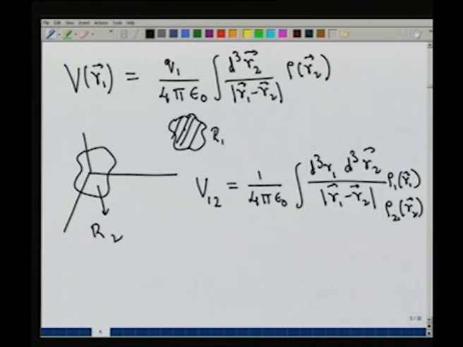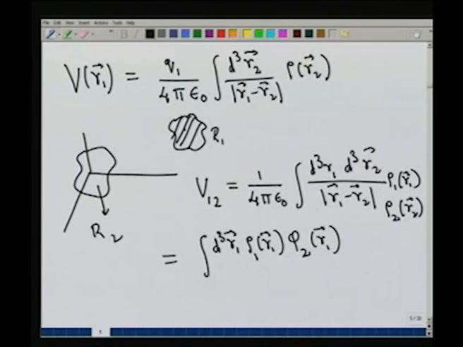Please notice how careful I have been. I am saying there is a certain charge distribution rho 1 at r1. There is a certain charge distribution rho 2 at r2. There are two independent charge distributions and the interaction energy is given by this. Of course, this can be written equivalently in yet another form. So this can be simply written as integral d cubed r1 rho 1 of r1 phi 2 of r1.